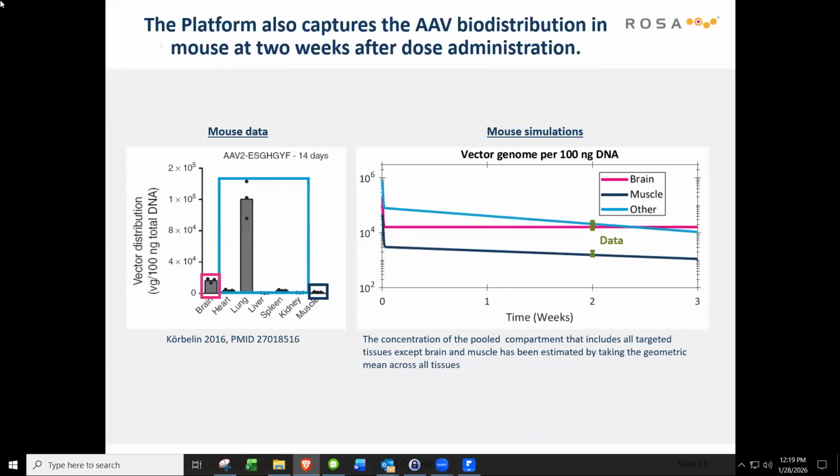Now, long-term data was, as I mentioned, information on what happens at 2 weeks. The data is on the left. The concentrations decrease in all tissues. And again, for the pool compartment, we needed to use a geometric mean, but we were able to capture, both in short-term and long-term, the concentrations that were provided by this publication.